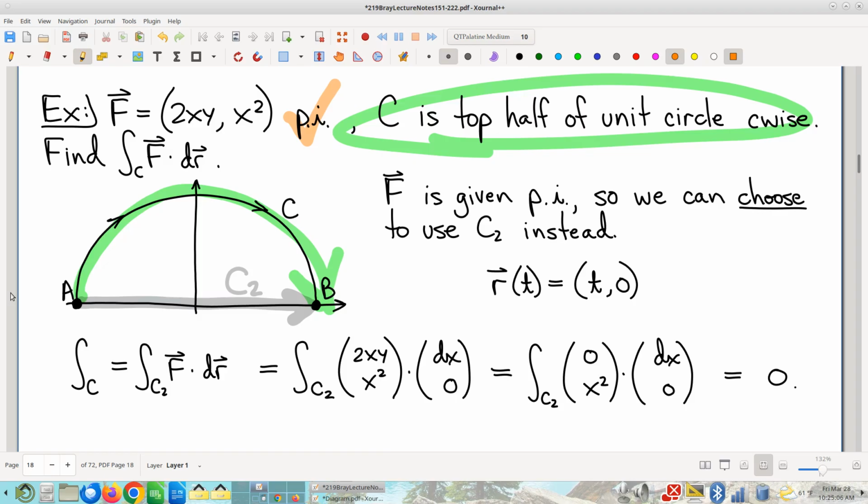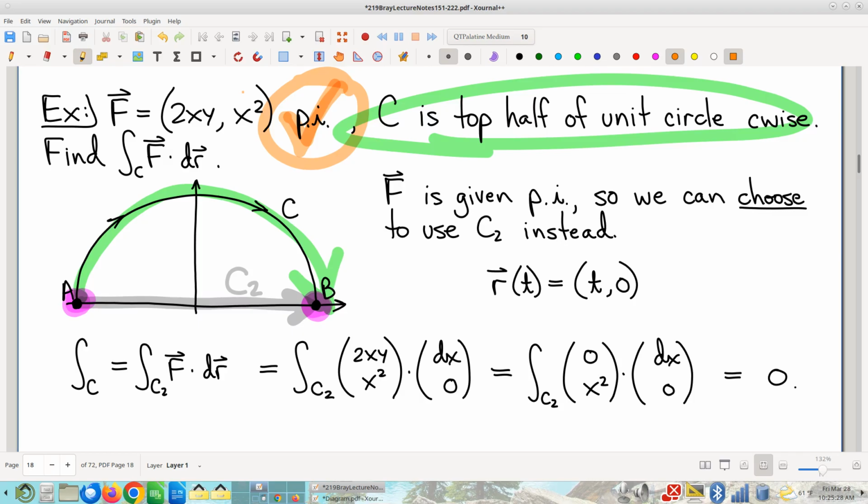So instead, I propose the following. Instead, we're going to capitalize on this path independence. Path independence tells me, look, all I have to do is tie down the start and the end. And now I can pick any other path that I want, because I know path independence.